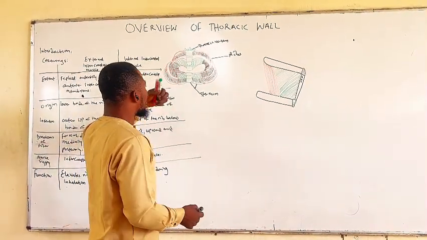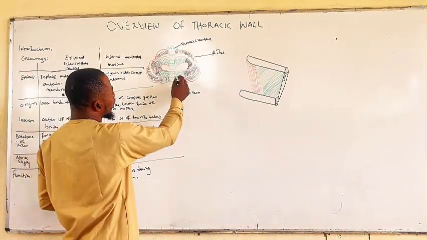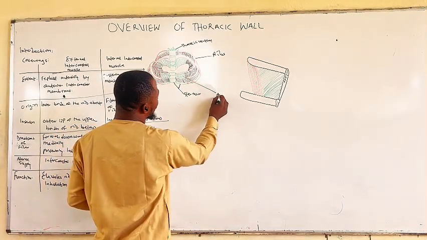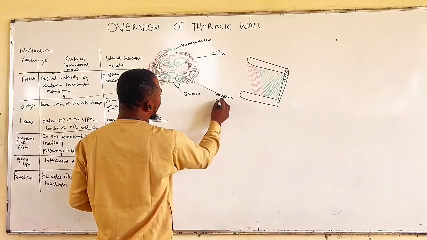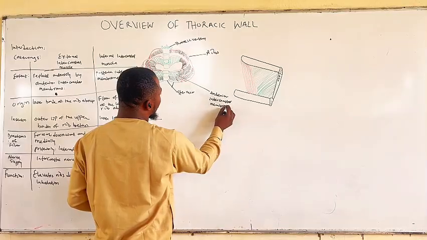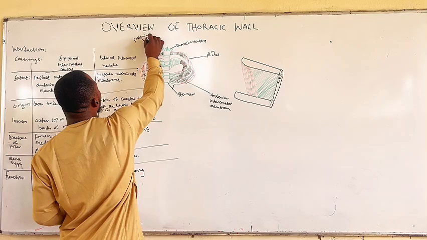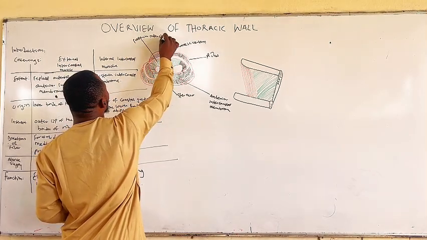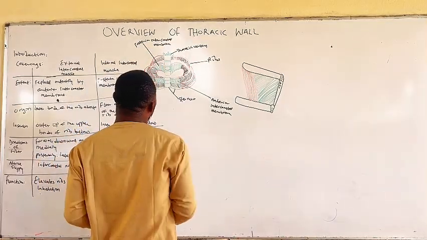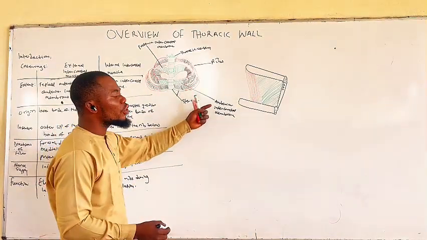Now, as you can see, this diagram is showing us the muscles. This green color here is the anterior intercostal membrane and this is the posterior intercostal membrane. We say that the external intercostal muscle is replaced anteriorly by the anterior intercostal membrane.